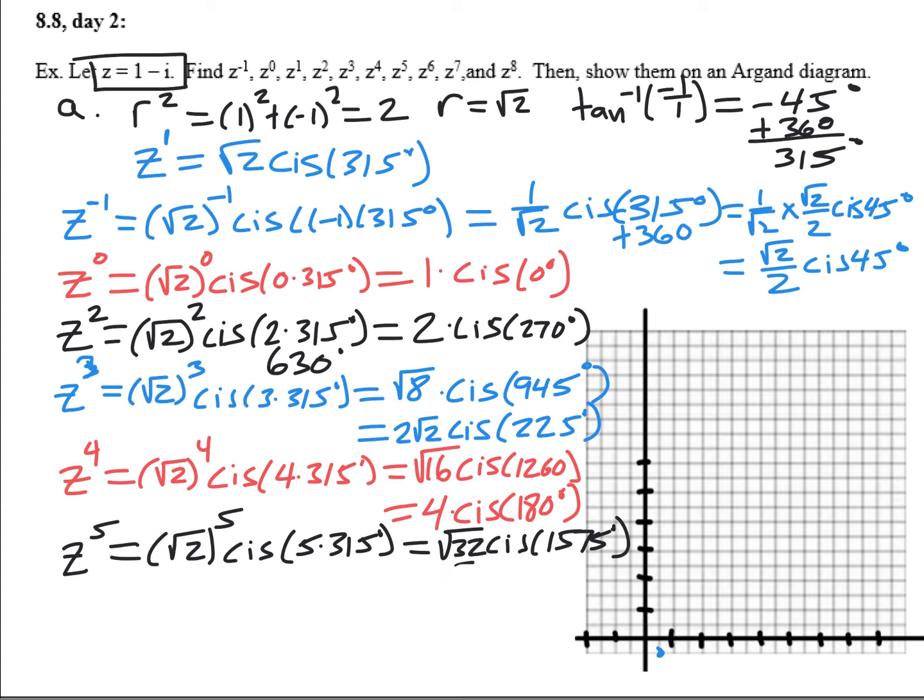Four square root 2 for R, because you could split up 32, 16, and 2. Square root of 16 is 4. Well, with 1575, keep taking away 360, and you would get that back to 135.